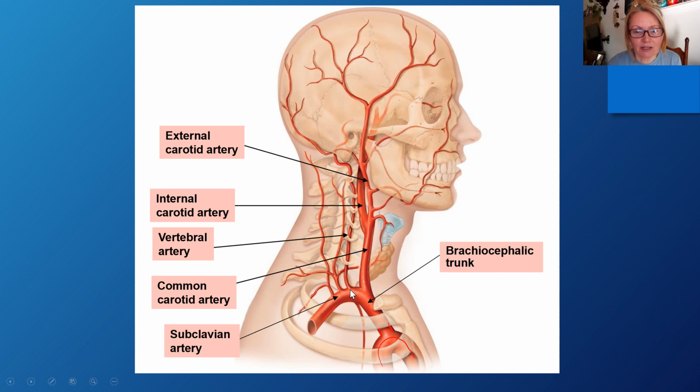There is another artery that carries blood to the brain, and it's the vertebral artery. It's the branch right here, and it will go through the transverse foramina of the cervical vertebrae, and it also brings blood to your brain.